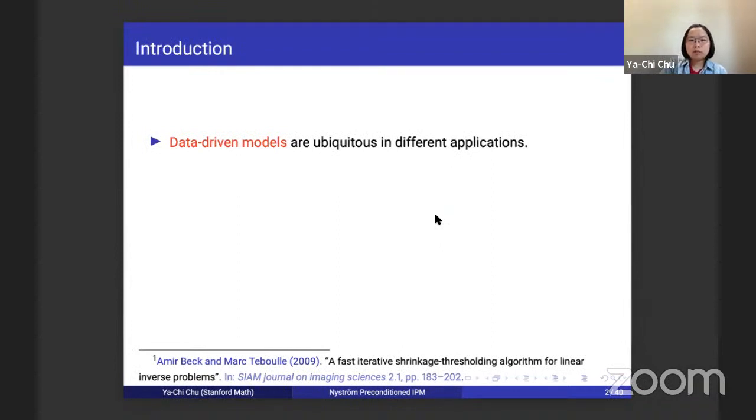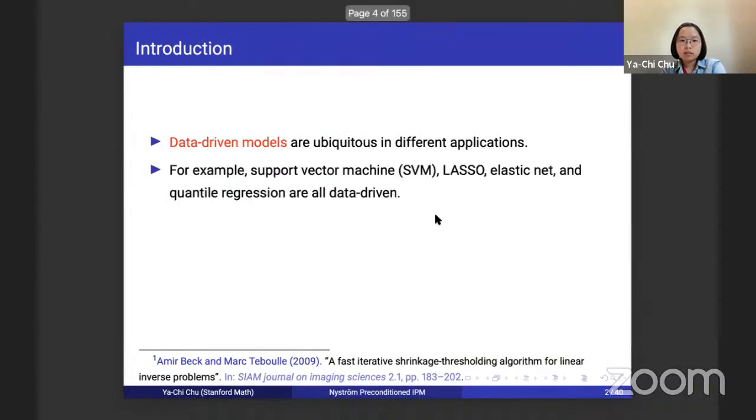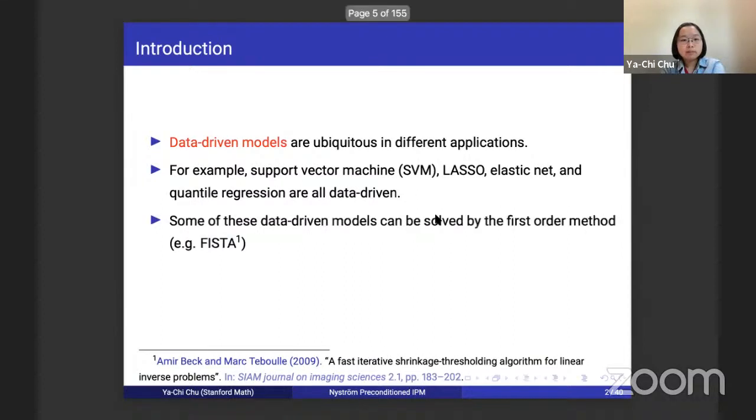The motivation comes from the fact that data-driven models are now ubiquitous in different applications, such as support vector machine, lasso, elastic net, and quantile regression. All of these are data-driven models, so they involve very large data.